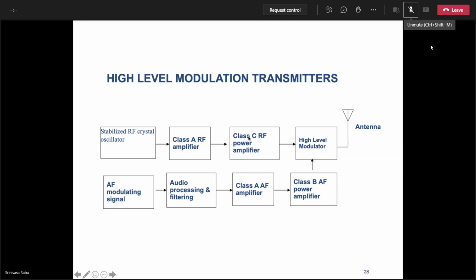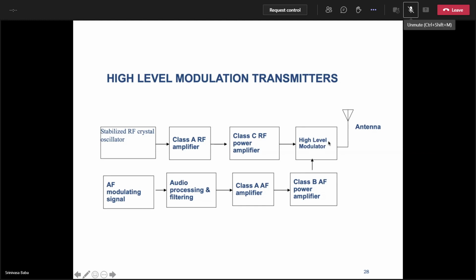That means amplitude fluctuations will be present for the carrier signal, RF signal before modulation. Then this is the same chain of AF signal processing unit, and then a buffer amplifier, Class B power buffer amplifier, all these things.